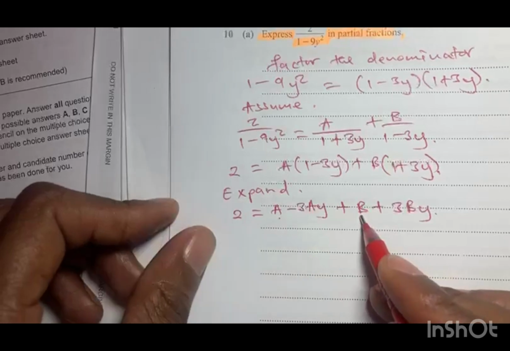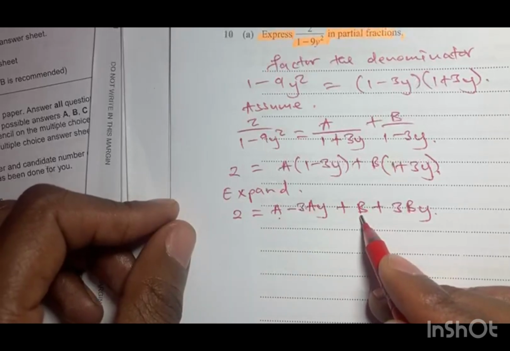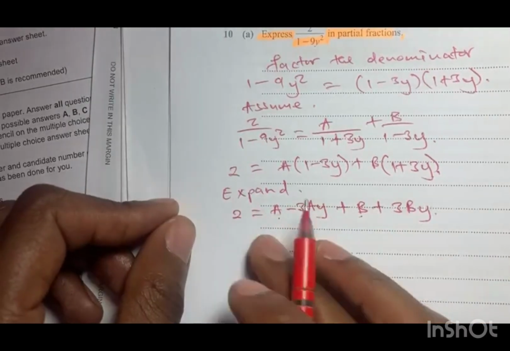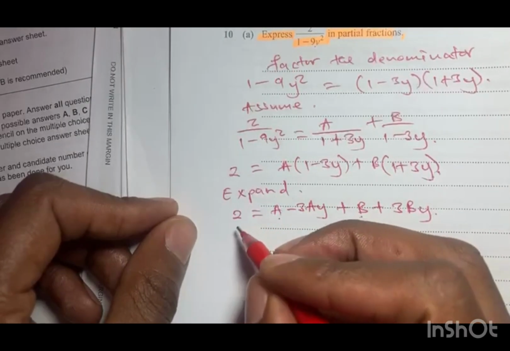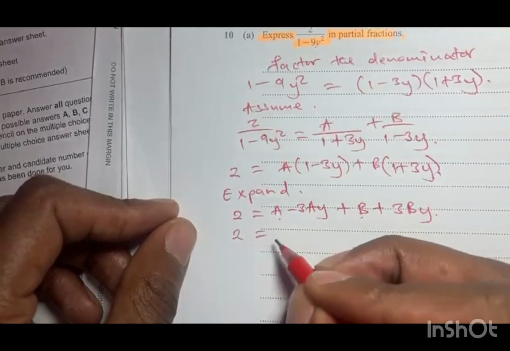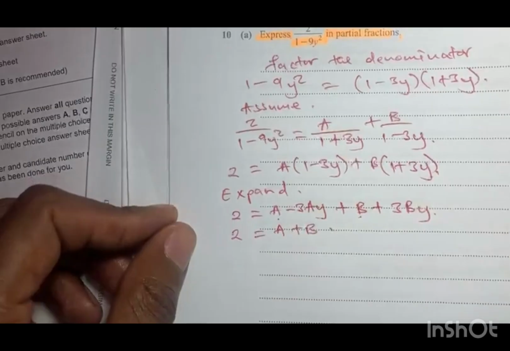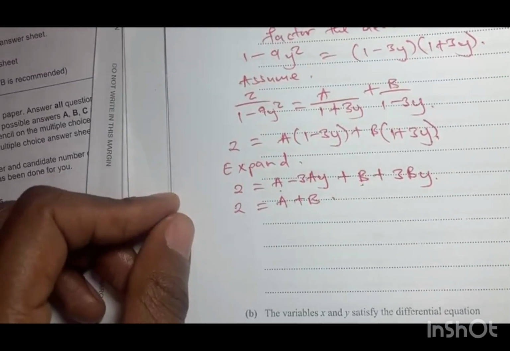I've got A and B. So I'll say A plus B is equal to 1, to equate the constant terms. Then 1 is equivalent to A plus B. Okay, that's the constant terms together.